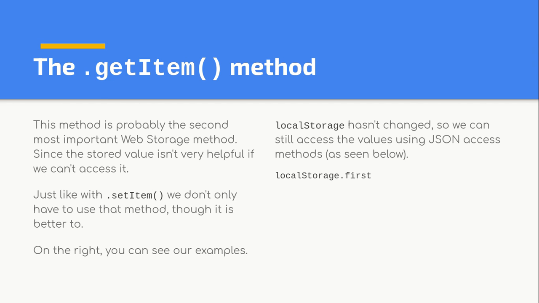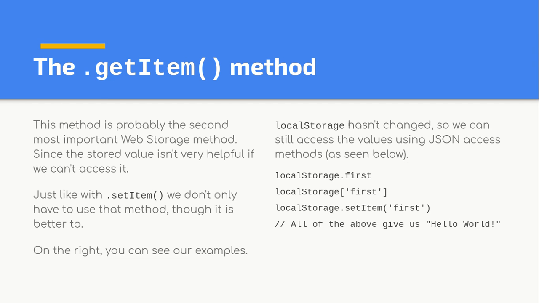We just do LocalStorage.first or SessionStorage.first, and with the brackets around it, and then that should be getItem. And so all of those would return hello world. That's only if we had declared it first, and if not, then it would return undefined. And so just remember that getItem is the one you want to use because it's more reliable and safer.